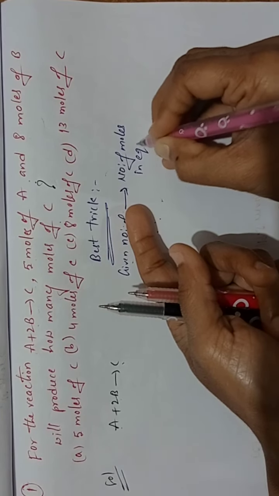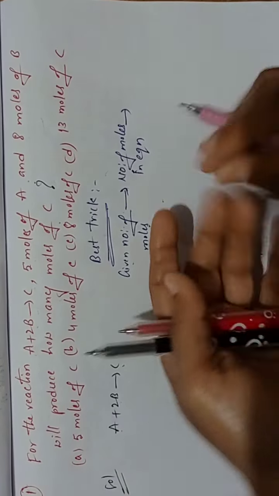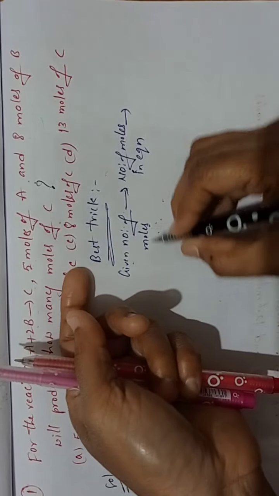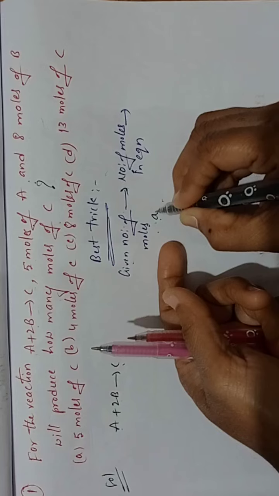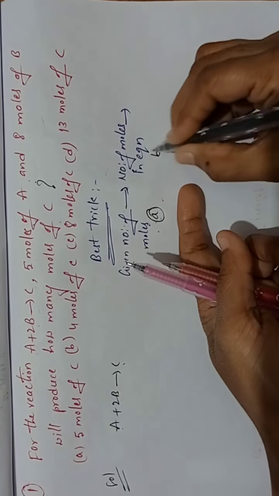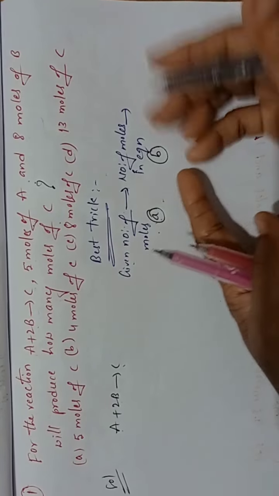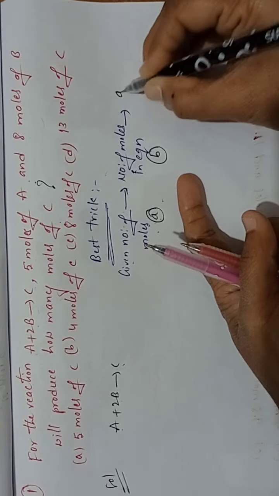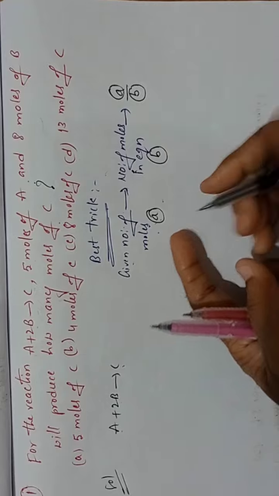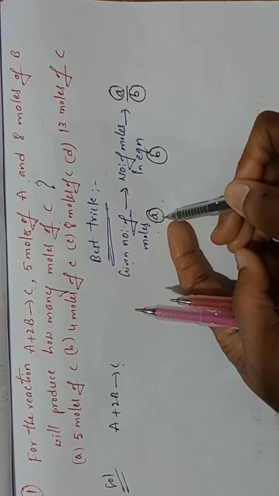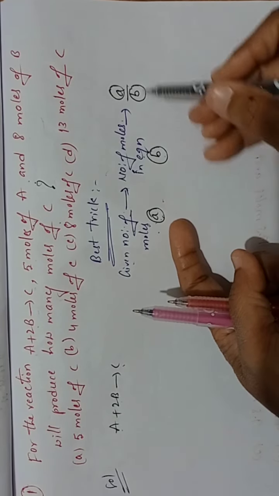Next, suppose I am giving one letter each: this is A and this is B. Now in the third place I'm taking A by B, students. A by B is nothing but given number of moles by number of moles in the equation.